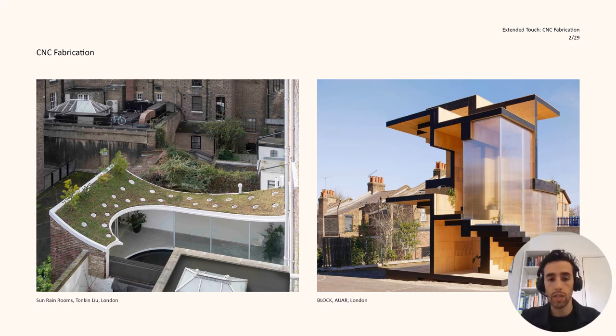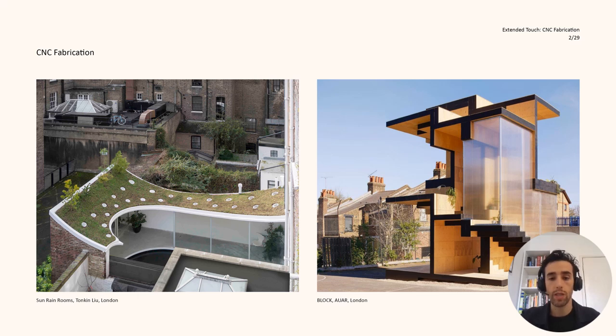These two case studies were explained in great detail. On the left, the Sanrain rooms by Tonkin Lu, where CNC fabrication was used to cut plywood sheets. This developed into a bespoke experimental timber roof application on a housing renovation project in London.